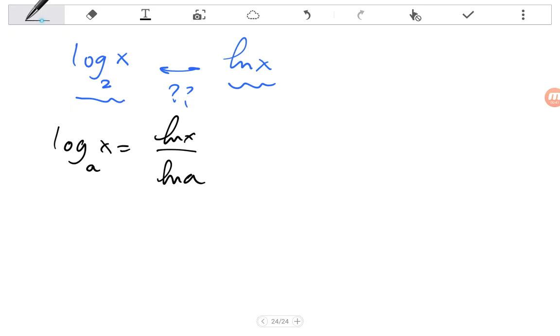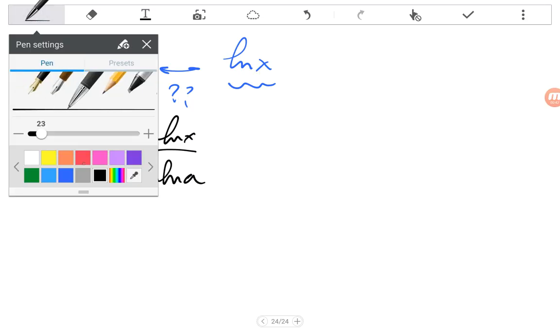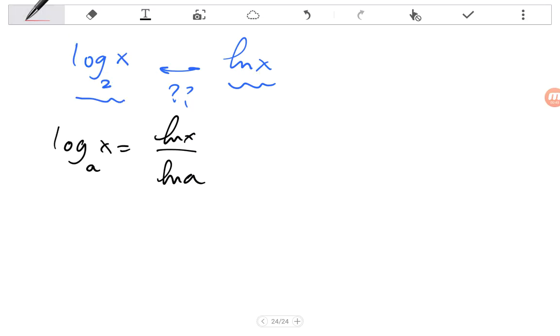Okay? How did we get that relation? We can get it easily if we take that value, which is log to the base a of x, and assume that this is y, for example. Then I want to eliminate this log base a. How would I eliminate it? What is the operation that may cancel the effect of log base a? It is taking the exponential of a.